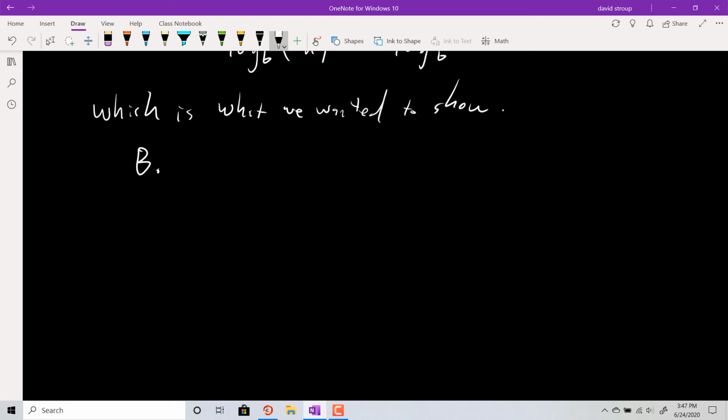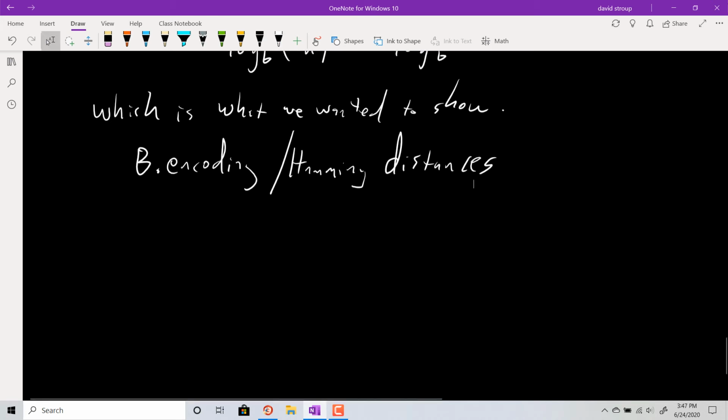Anyways, part B, there are some problems in there with Hamming distance and encoding. So you're sending strings of data long distances, and the strings of data can be thought of as zeros and ones. I guess they'll probably be electrical impulses, on and offs.